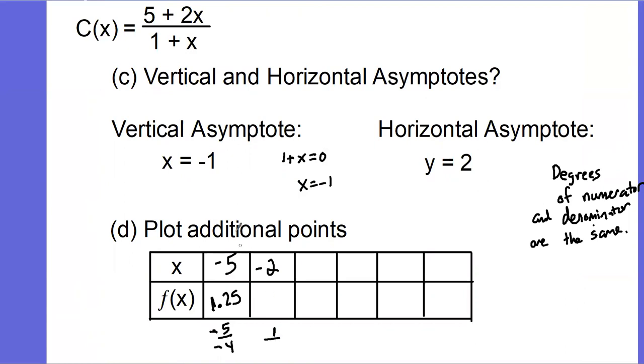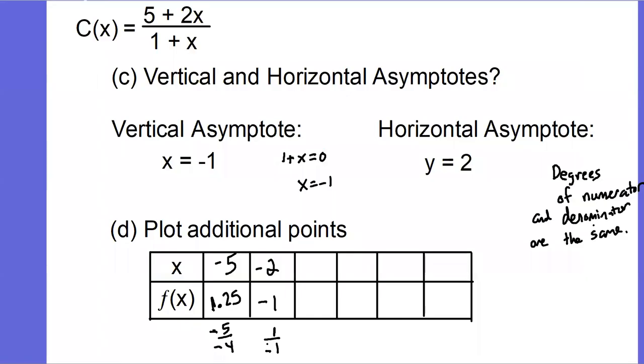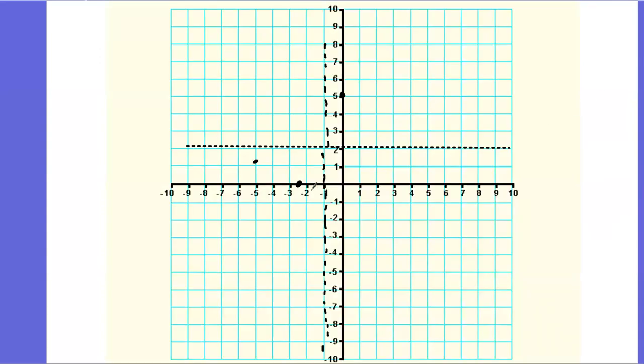So that's my numerator. 1 plus -2 is -1. And 1 divided by -1 is -1. So 1.25, we have -1. What was our point again? Our point was -2, -1. So we're about right there.